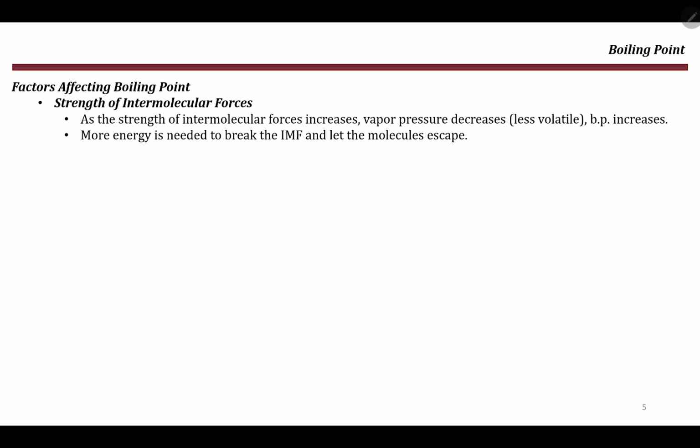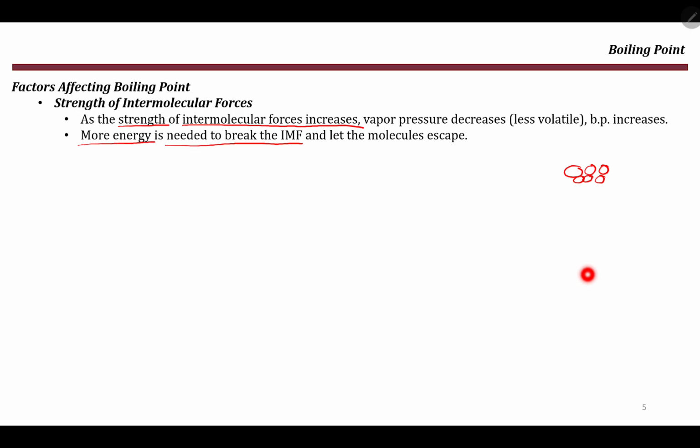Because as the strength of these intermolecular forces increases, more energy is needed to break them, and that's why the amount of molecules that can escape from the liquid surface into the gas state will be lower. Why? Because there are stronger forces keeping the liquid molecules together.